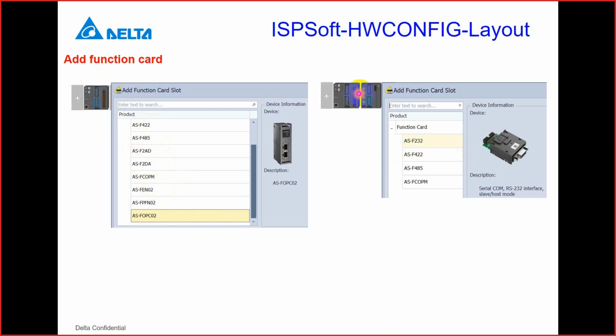If you click the SCM module, then you will see only this limited selection. Only for the built-in AS300 can you use this. So there is some difference between the built-in slots and if you use the SCM module and add the function card.